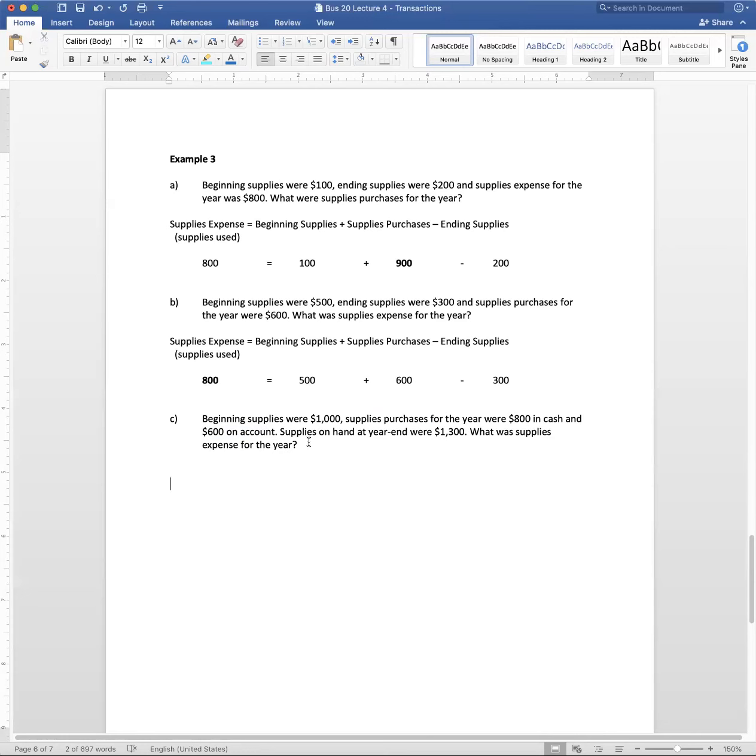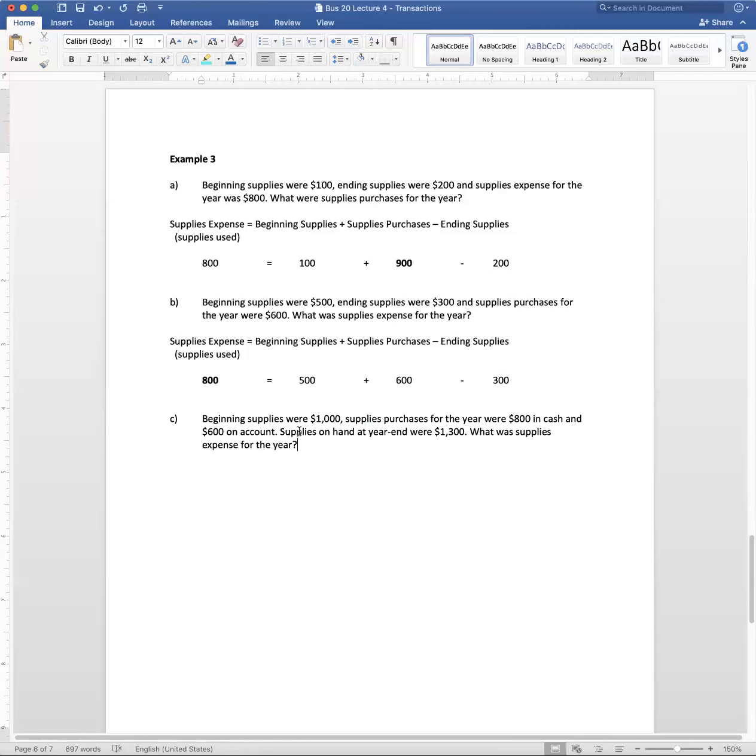The other weird thing here is this term supplies on hand at year end. What does that mean? Well, when we say something on hand, we're literally talking about what is here that I can put my hand on. What is the physical amount right now? So the supplies on hand at year end, that's how much we actually had at year end.